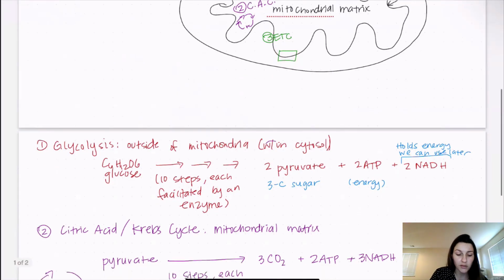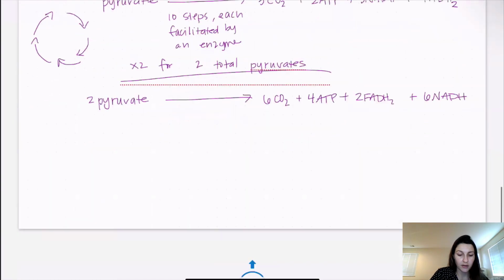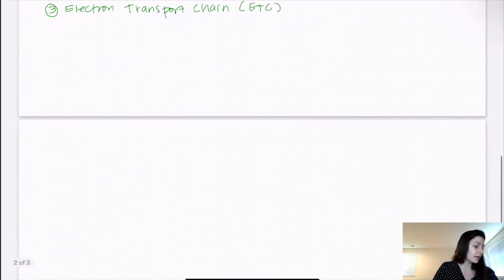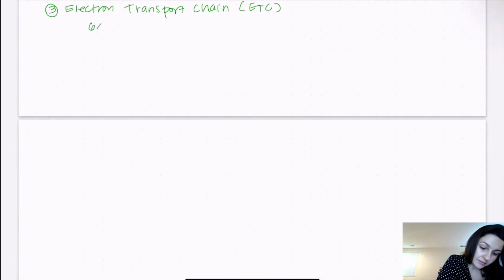Okay, so the last part of our situation here. Step 3 is the electron transport chain, or ETC. Basically what happens in the electron transport chain is we start with 6 ATPs.